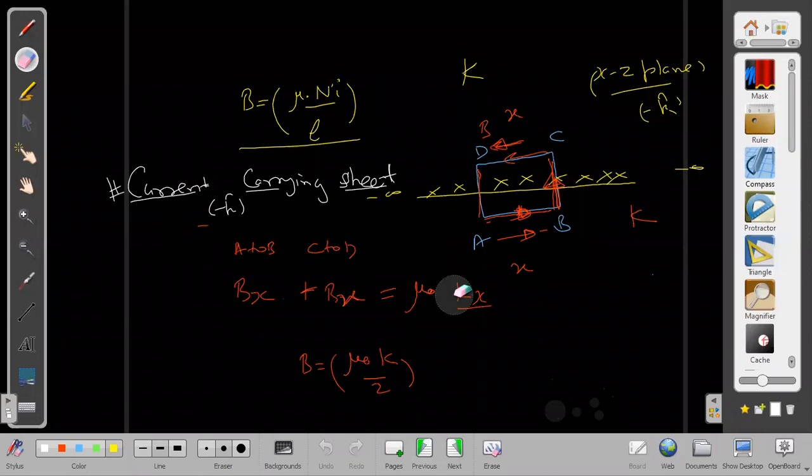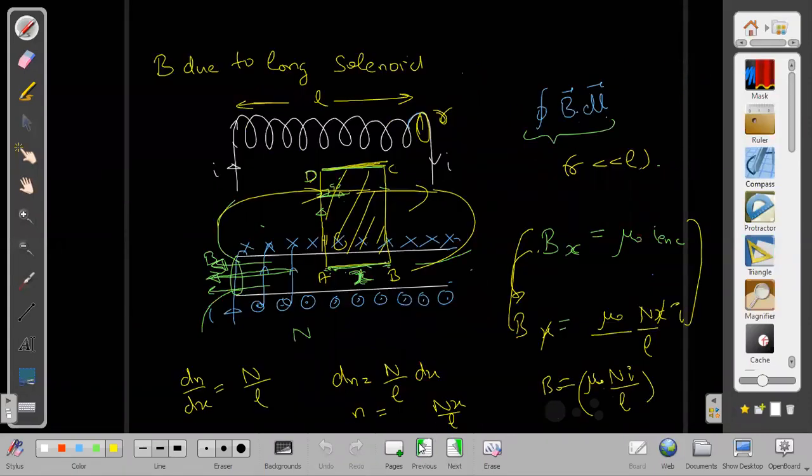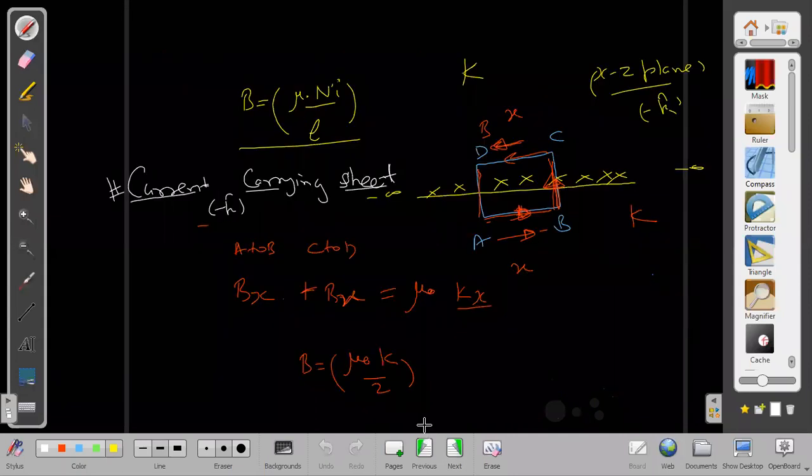Somebody asked me why the field is in this direction, so I wanted to elaborate on that. We were definitely discussing the field lines only, and I discussed why the field line is in that particular direction. Really, I don't know what you are doing. In this way, you will not even let me move 1 inch forward.